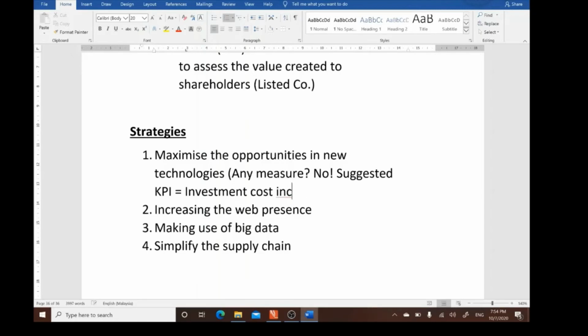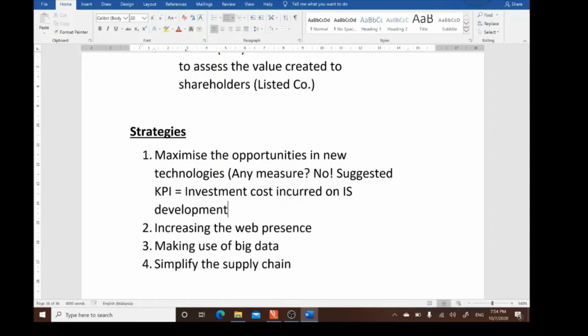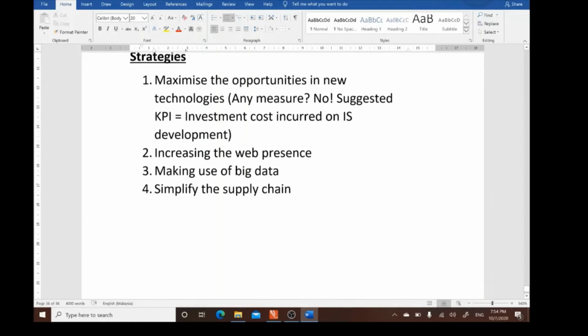Of course, we're talking about IS development, and that seems important because we just want to know how you would actually maximize the use of the new technologies. For example, did you actually spend cost in developing any of the software or any of the system for the business? And as a result, this is number one.